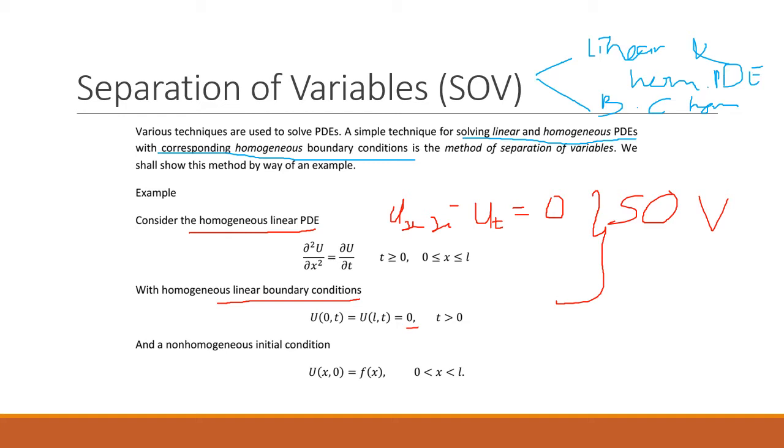Sebab kalau kita tengok dekat sini, sebab apa kita perlukan satu lagi condition? Sebab, okay, so dekat sini kita tengok in x, when we differentiate in terms of x, that is del square u over del x square. Jadi dia adalah second order. Jadi kalau second order, kita mesti ada dua boundary condition.